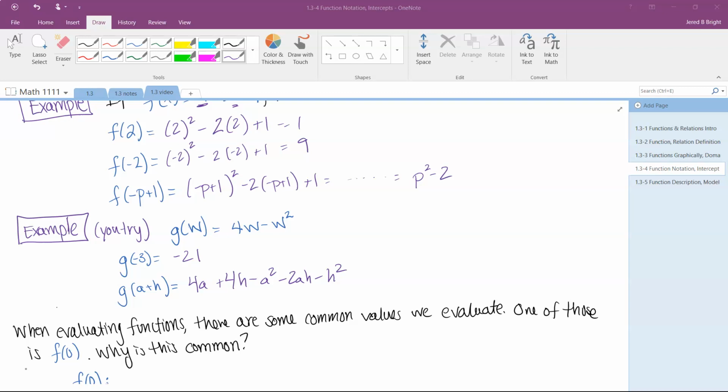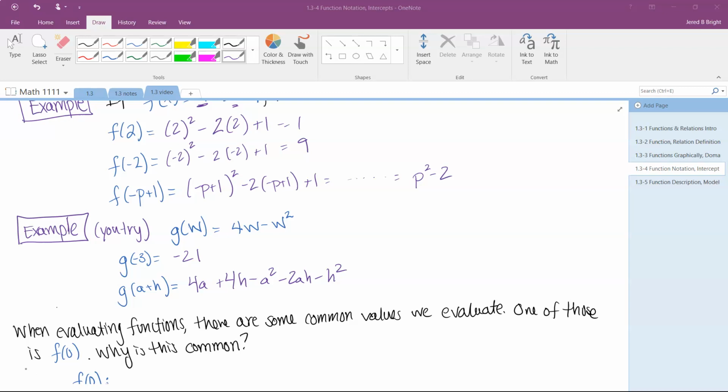Now, the process of evaluating functions is a little tedious, yes, but it's a good skill to practice. When we evaluate functions, it's often that we want to evaluate f of 0.